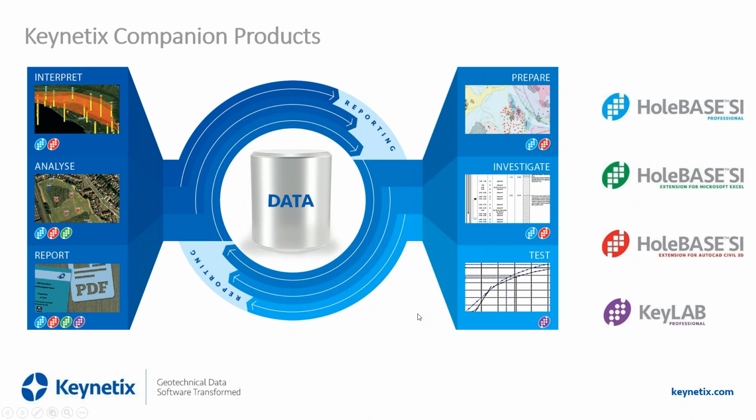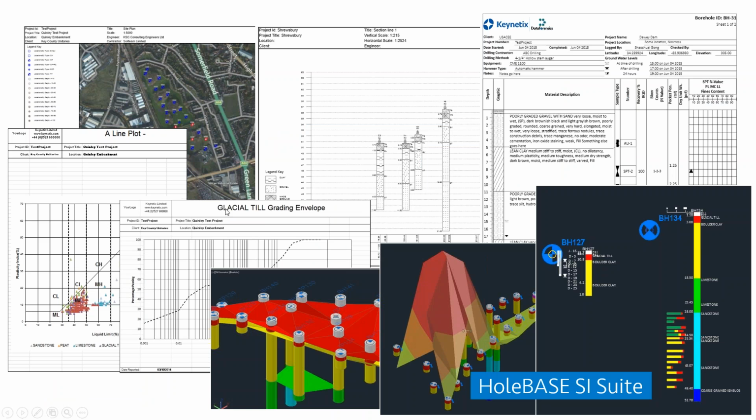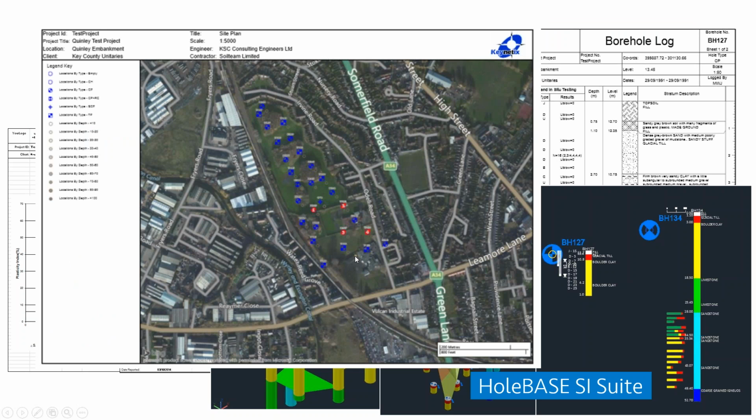So these are just an array of different outputs we have inside of the Civil extension, inside Holebase. So for instance, Holebase itself has an inbuilt GIS system. So I mentioned to you before about planning where your SI is going to go, where you're going to drill your holes, where best to place them. So you can bring in GIS background mapping, you can do that all within Holebase.